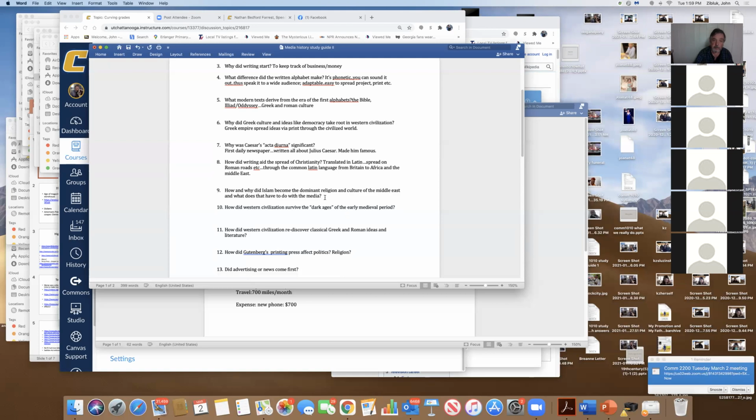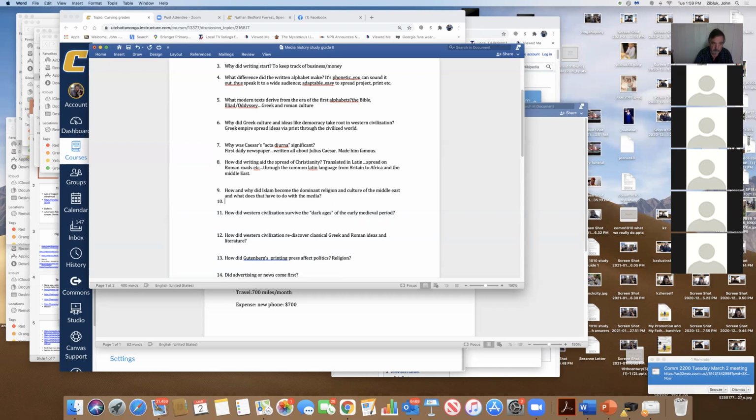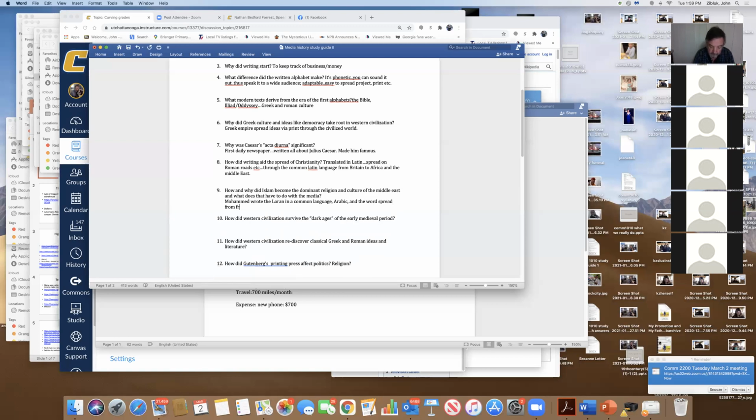How and why did Islam? Okay. Muhammad wrote the Quran in a common language, Arabic, and the word spread from France to India.